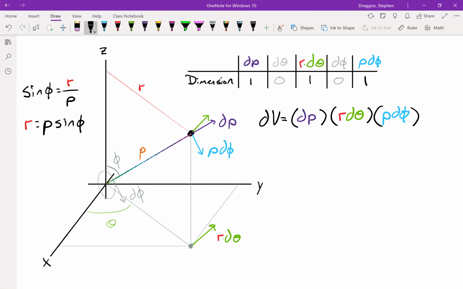And we will use that replacement in dv. So it's going to be a little bit bigger, so I'll expand it a bit. We're looking at d rho, then we have rho sine phi d theta, and then we have rho d phi.